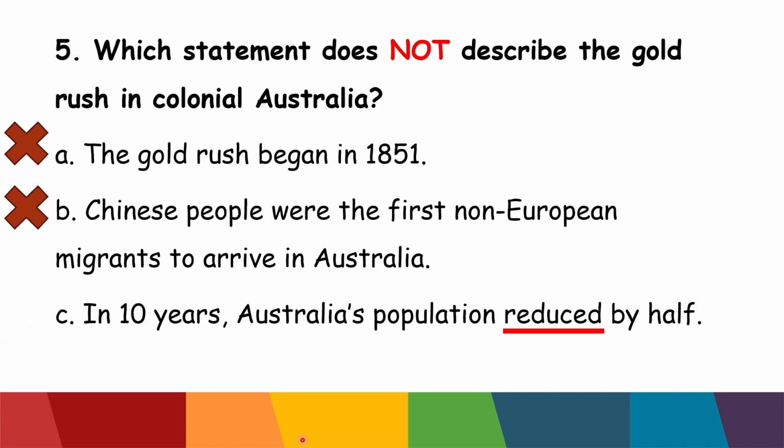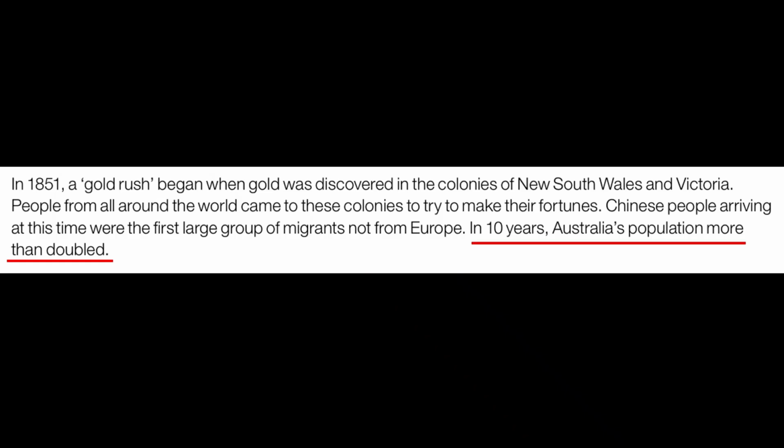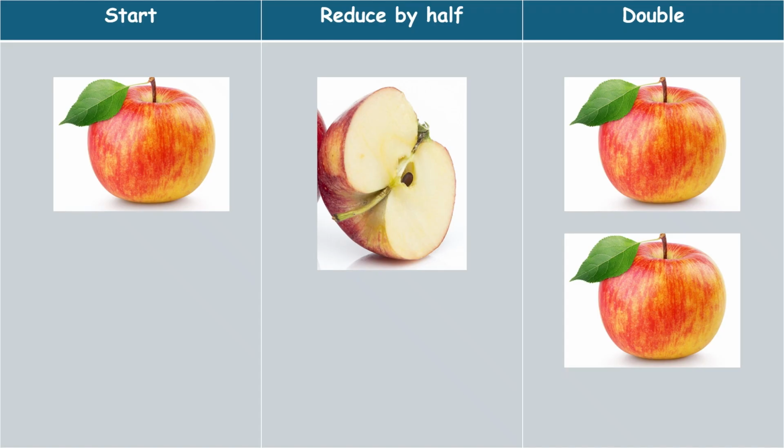Answer C says that in 10 years, Australia's population reduced by half. To reduce by half is to make something 50% smaller. The text says that in 10 years, Australia's population more than doubled. To double something is to make something twice as big.